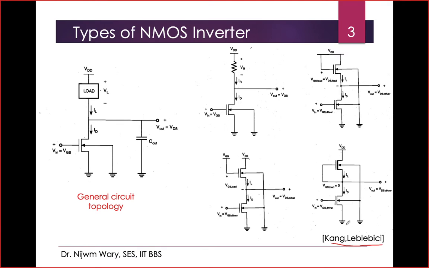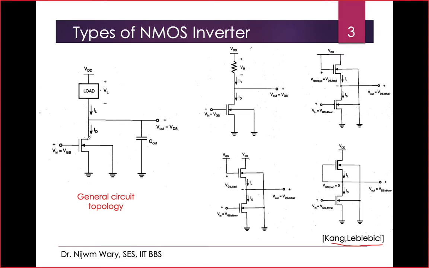You can get the complete details of the book in the first slide. They use a different notation for this NMOS. For this NMOS, this kind of notation is used. This arrow is inside because the channel that is formed is N type and the substrate is P type. So that's why this kind of arrow is used.